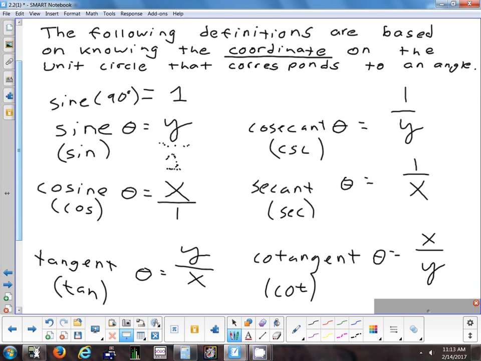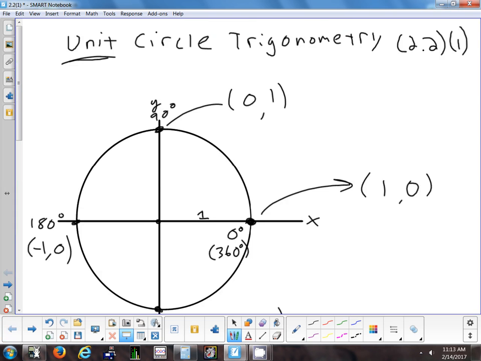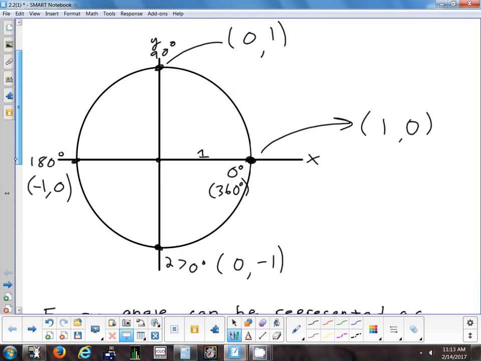All right. So the next thing, these four angles that I named, 0, 90, 180, and 270. Where are all those points? They're all in a special spot in this diagram. What are all those points on?